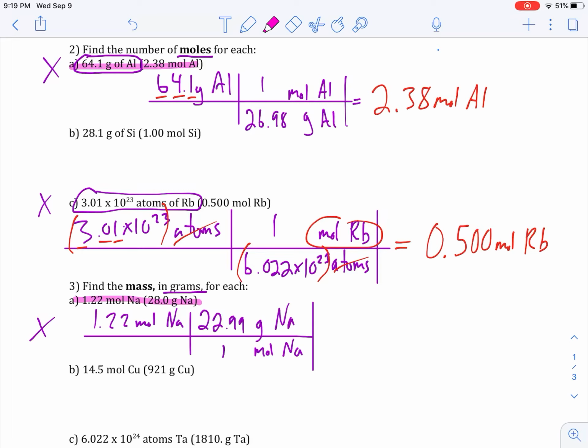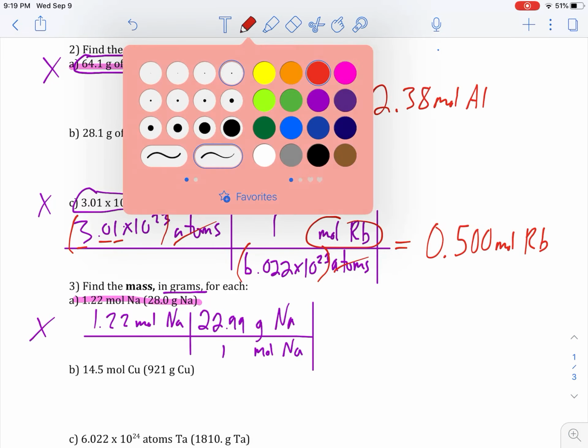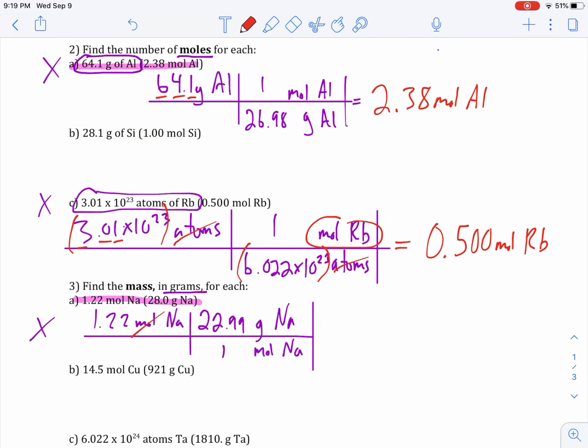Take a look to see how they're similar and how they're different. Notice that since we're starting with moles on this one, we have to cancel moles on the bottom, and we end up with grams on top, which is the opposite of the last problem we did, number 2a. In this case, we have to put the molar mass on the top side.